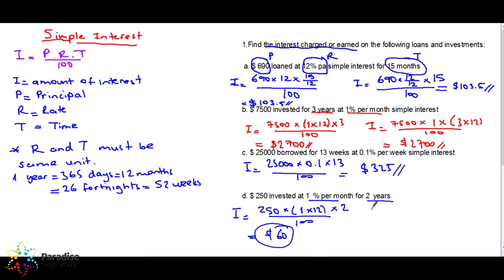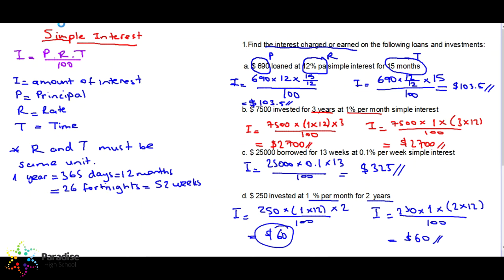Or you convert: I is equal to 250 times, your rate is monthly, so you convert years into months. 2 times 12, you get 24 months. So again, your answer will be $60. Okay, what did we learn out of this? Don't forget, the unit of the rate and time has to be the same.